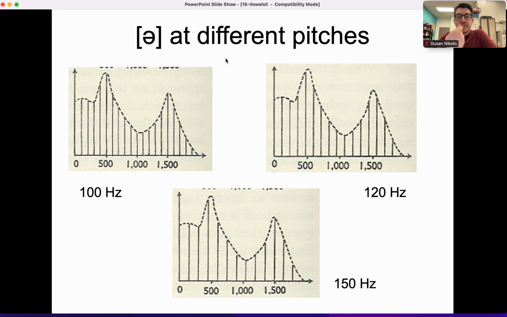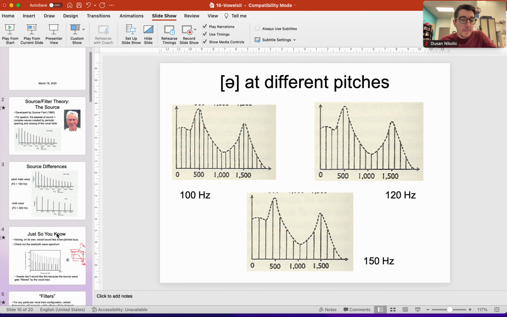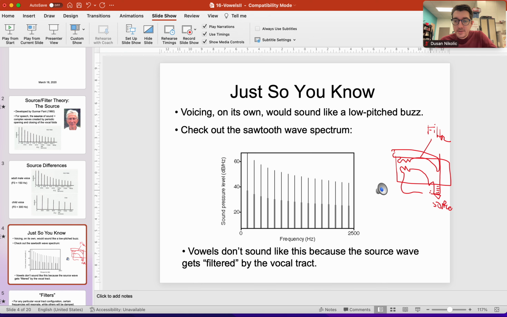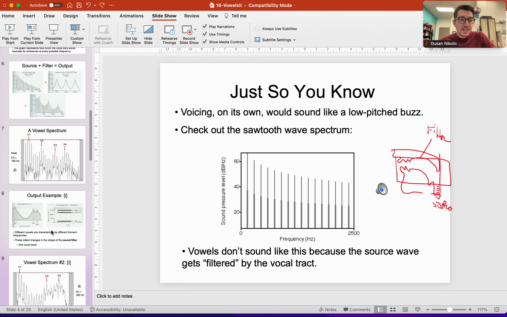Now we understand that source and filter are independent of each other. So basically, if I have the source here as my vocal folds, I can manipulate those vocal folds quite independently from the filter, right? I can have E at different fundamental frequencies.